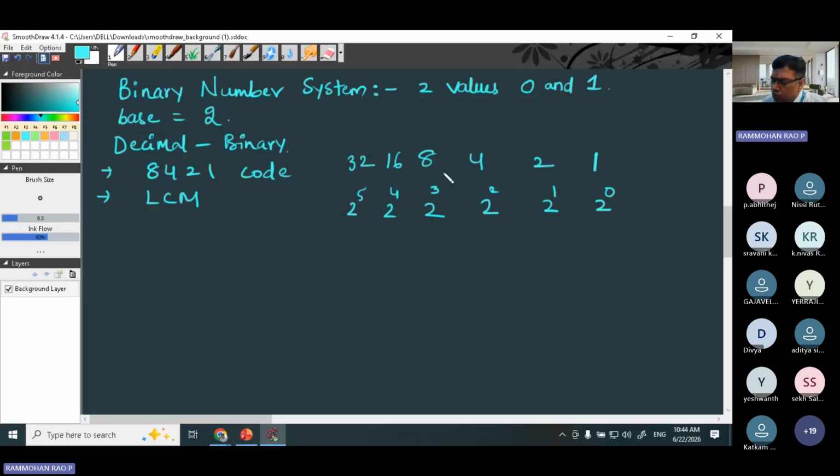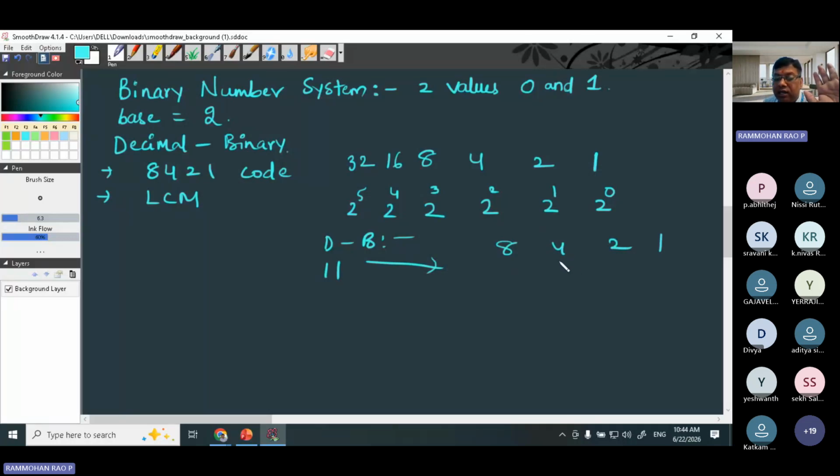So what does 8421 code mean? Suppose I need decimal to binary conversion, right? Suppose there is a decimal number 11. What is the binary code of 11? You apply 8421 code. 8. Now, based on the positions, which positions can be added to get 11? 8 plus 4 is 12. It is going beyond that.